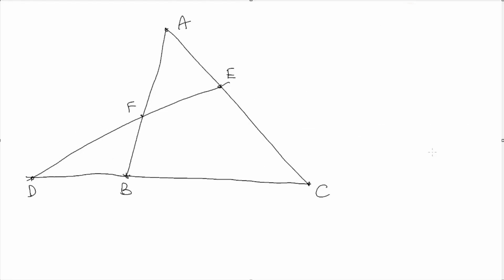Now, this last theorem is not particularly useful because we're going to be using Ceva's theorem most of the time, but you should know it just in case it comes up. And it's called Menelaus' Theorem.